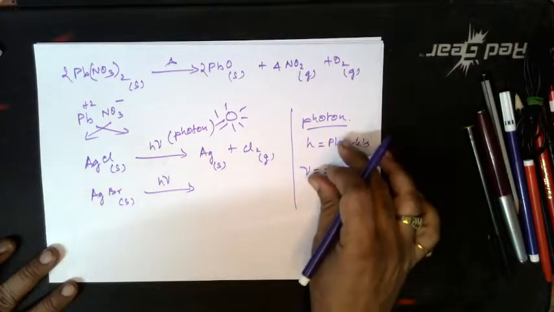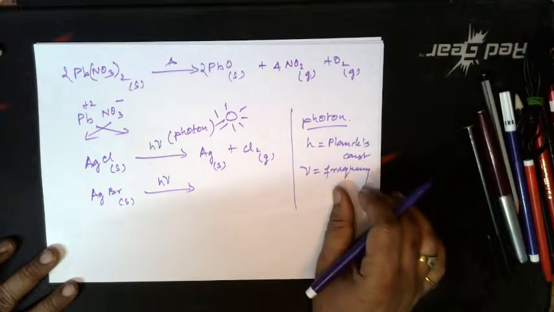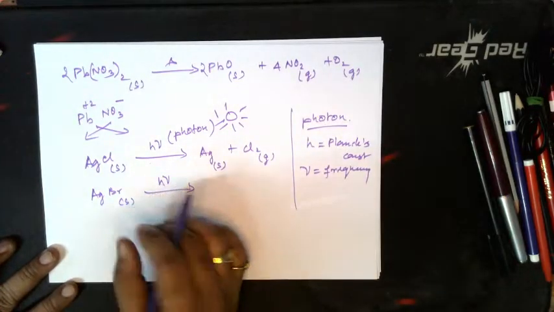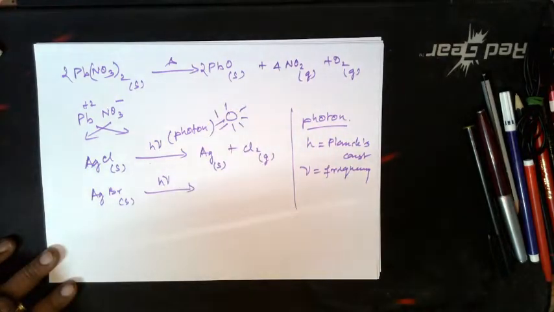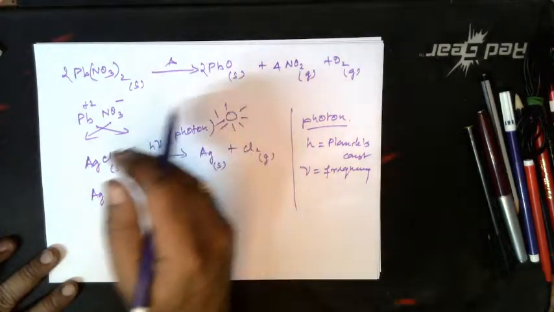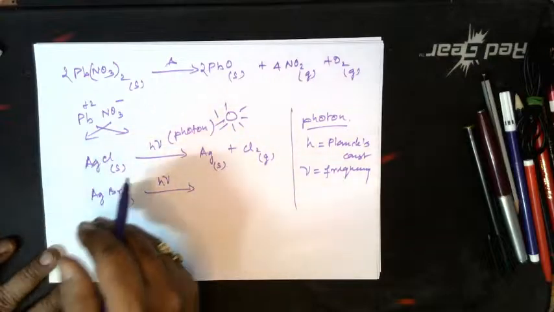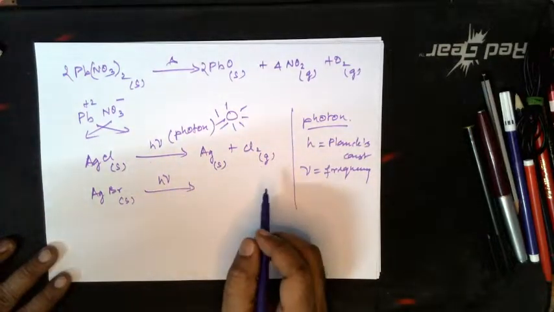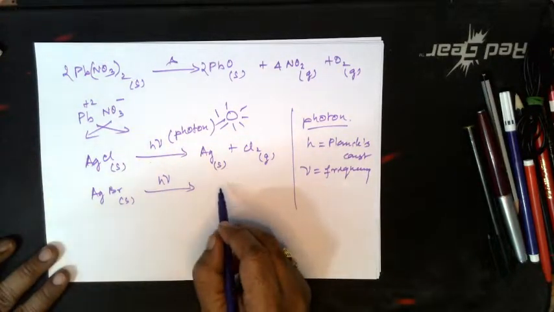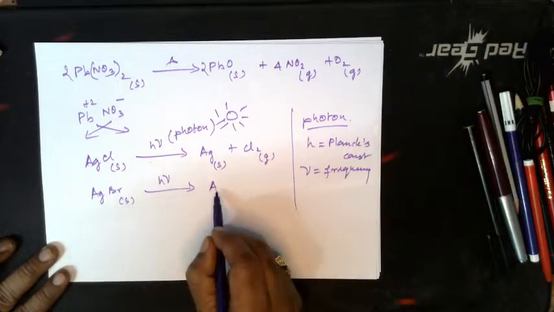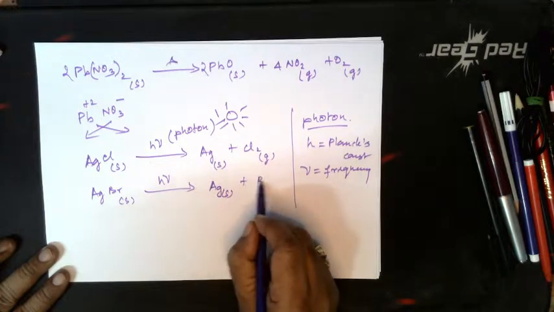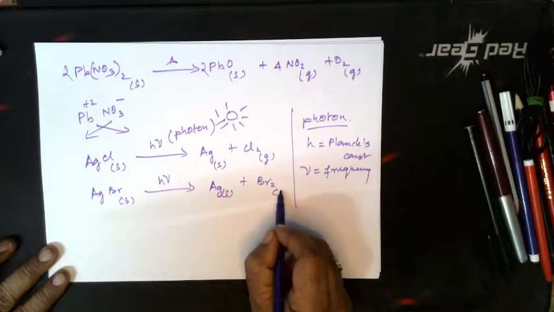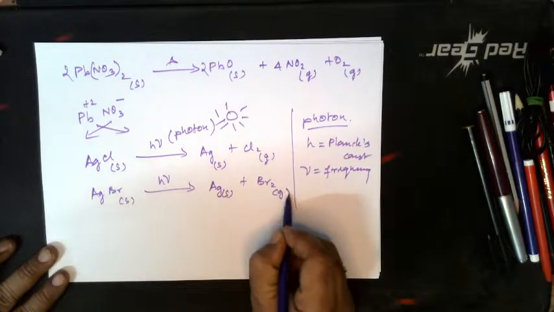So together the product of Planck's constant and nu is called photons, and the light consists of these photons. So when the light falls on silver chloride or silver bromide, it is decomposed into silver and the respective halogen. So Ag, solid, plus, in this case Br2 as gas. Okay.